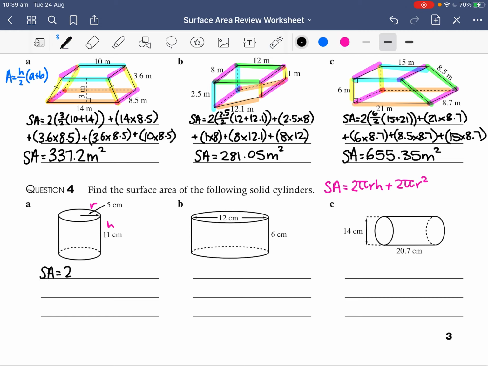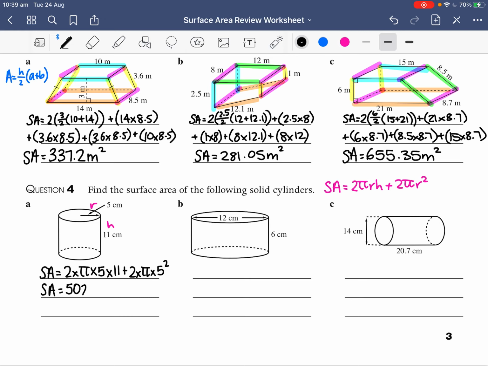So we'll have surface area equals 2 times pi times radius of 5 times height of 11 plus 2 times pi times our radius of 5 squared. So we're going to put this into our calculator. So 2 times pi times 5 times 11 plus 2 times pi times 5 squared.